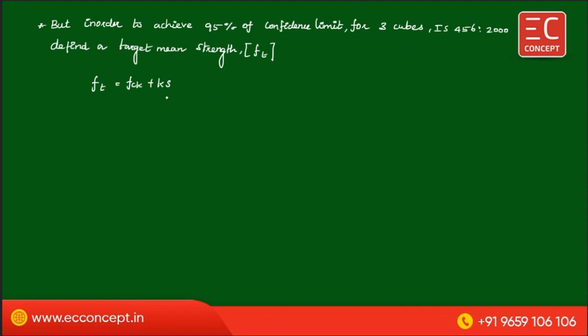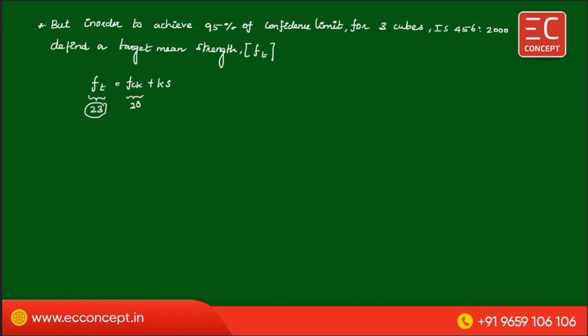That means if you require a characteristic strength of a cube of 20, then your target mean strength is somewhat more than that, for example, 23. If you design these 3 cubes for 23, then you can achieve the 95% confidence limit.